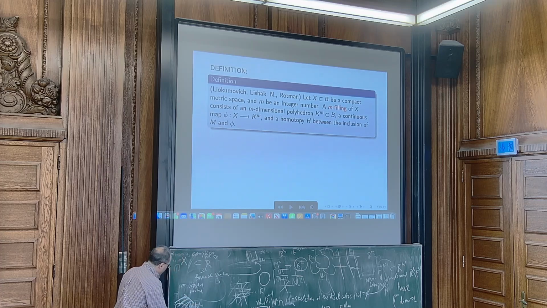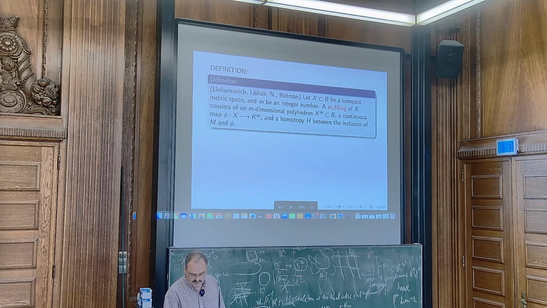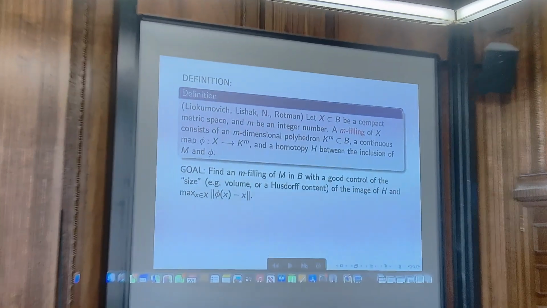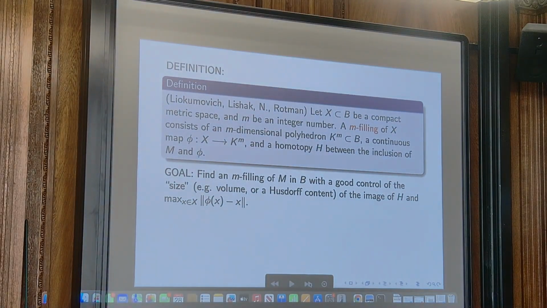We would like to have a homotopy between the inclusion of X and the composition of phi from X to K with the inclusion of K into B. And of course, since it's a Banach space, we can always have some homotopy. Now the goal is to find this M filling with good control of the size, the volume or Hausdorff content of the image, as well as the width.